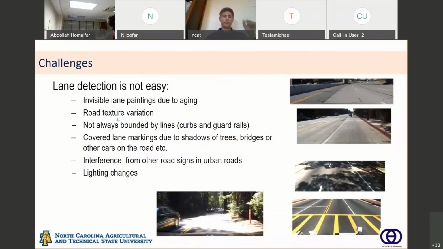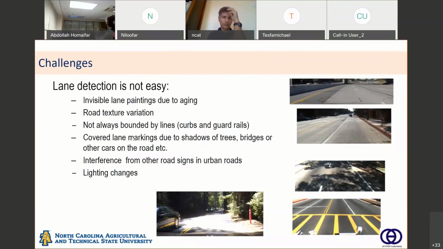And sometimes the road texture can change. For example, in the second picture as well as the first picture, you can see the asphalt is not of uniform texture. And basically, when you set a threshold, it's going to be easily tricked by this change in texture of the road.